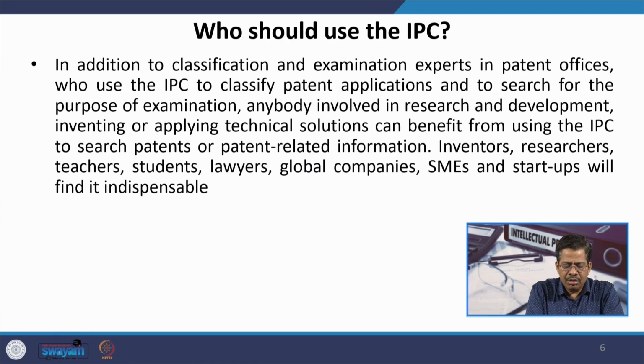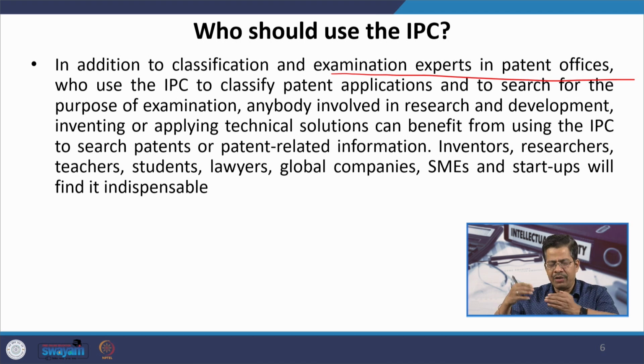Now, who all are involved in using the IPC database or IPC classification? Classification is done by the examination experts in the patent office. When you file a patent, the assignment of a particular examiner or controller for your application is done on the basis of this classification scheme.